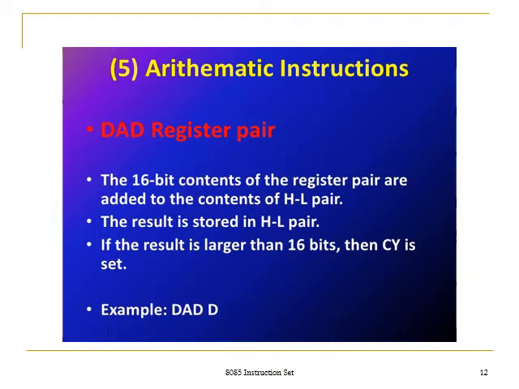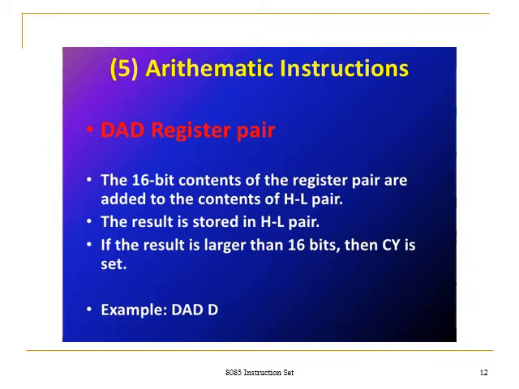If the result is larger than 16 bits, then the carry flag is set. Obviously, after completion of the DAD instruction, the program status word, that is the flag register, is modified based upon the result produced by the instruction.